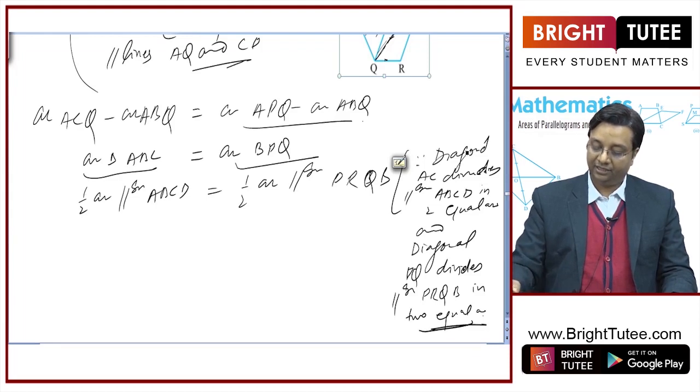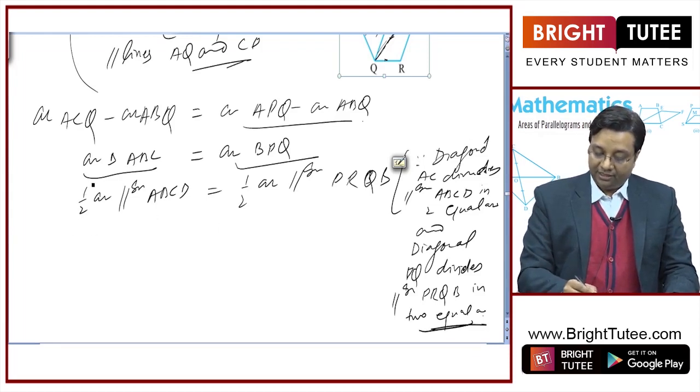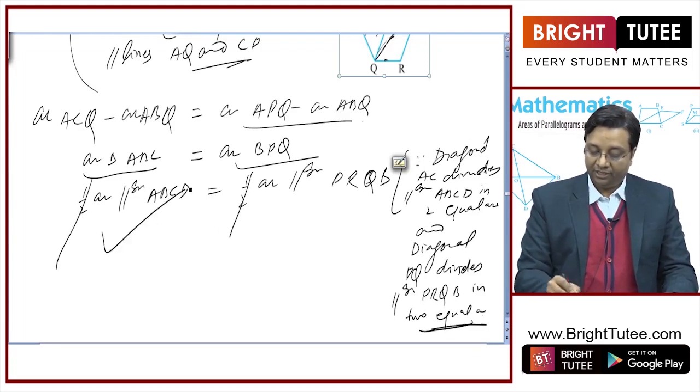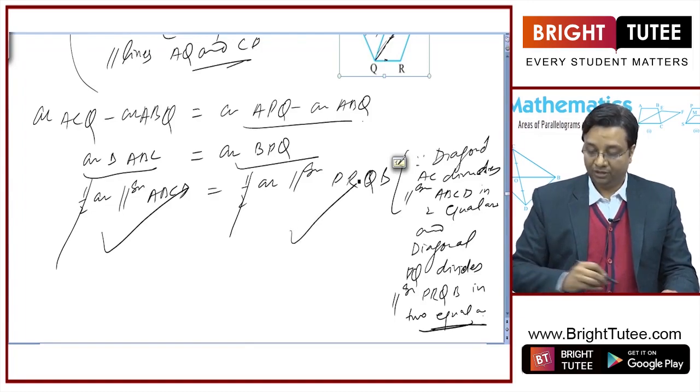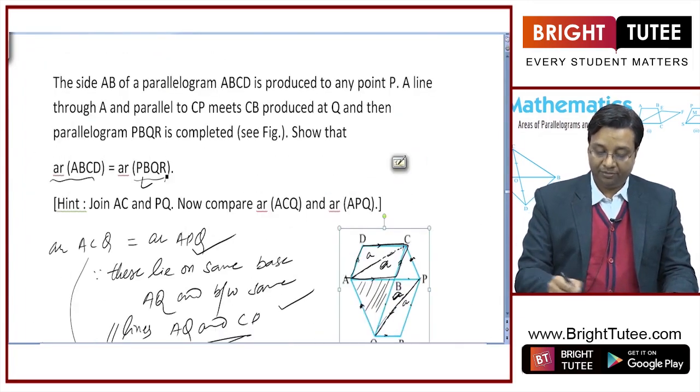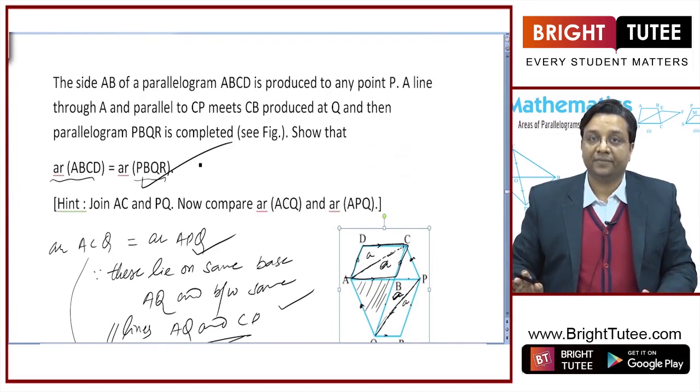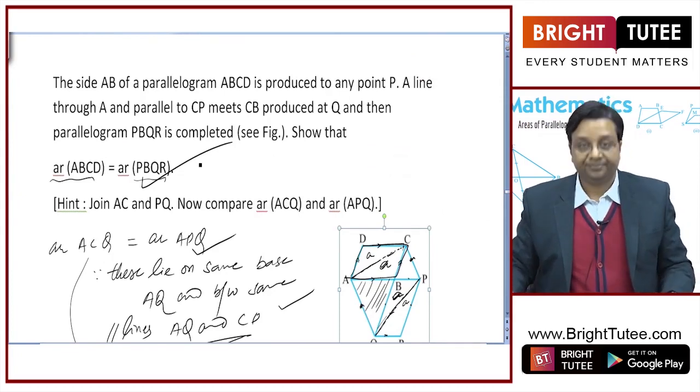Once we understand this, we can cancel half on both sides. So area of parallelogram ABCD will be equal to area of parallelogram PBQR. Okay, this is how simple it is.